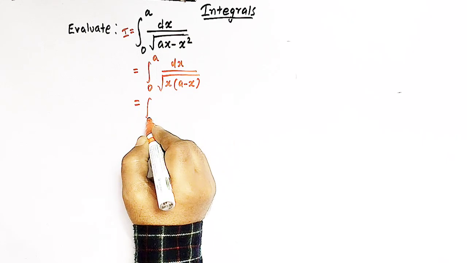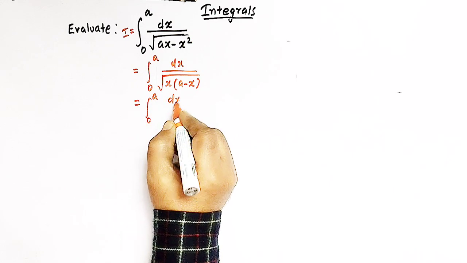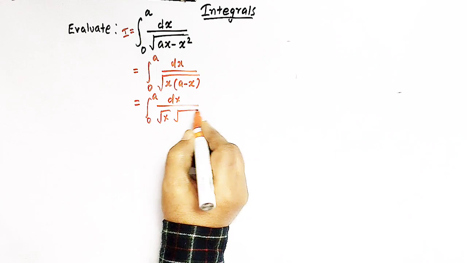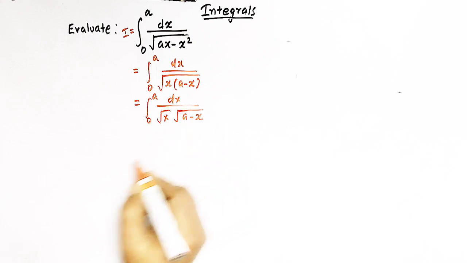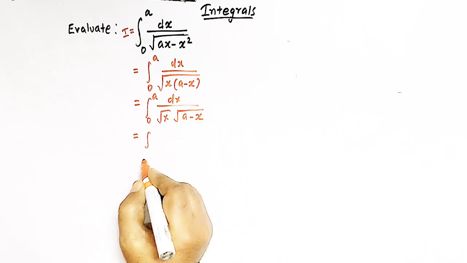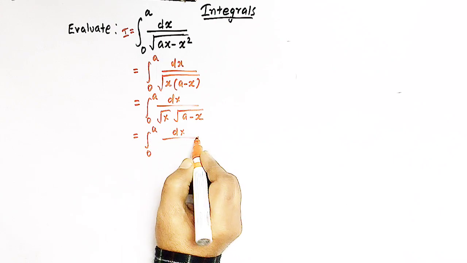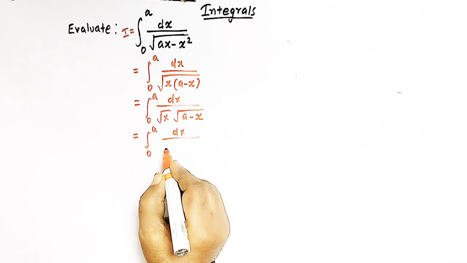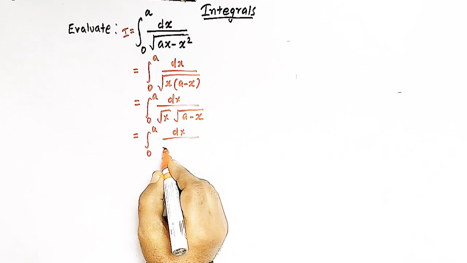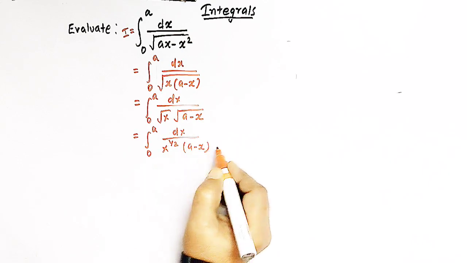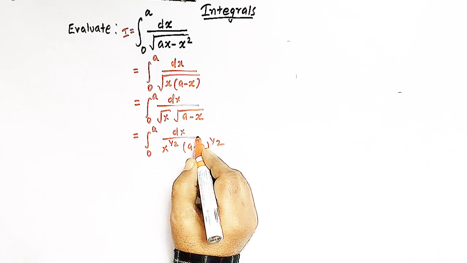So let us further write it as dx over square root of x times square root of a minus x. Now we can write 0 to a, and here we have dx, and here square root of x can be written as x raised to half, and here we can write a minus x raised to half.